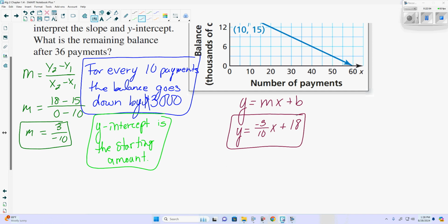Because again, our b value is the y value of the y-intercept, because the x value is always going to be 0. So it doesn't mean anything for us. We're ready for the last part. So now we need to find out what's the remaining balance after 36 payments, yes? Is payments going to be x or y?